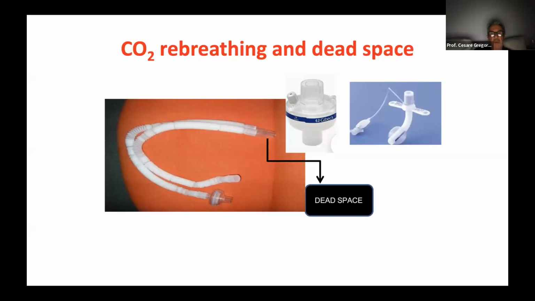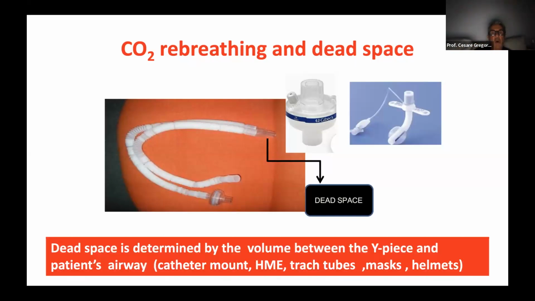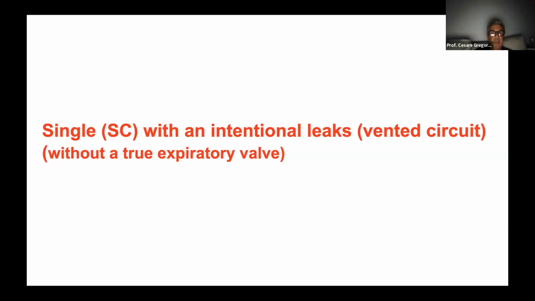Another important issue is CO2 rebreathing and dead space. We have to understand one important issue. Everything that stays beyond the Y connection, the Y piece, and the patient airway is dead space. Catheter mount, HME, tracheal tube, mask, helmet, whatever you put beyond the Y piece is really dead space. This is important.